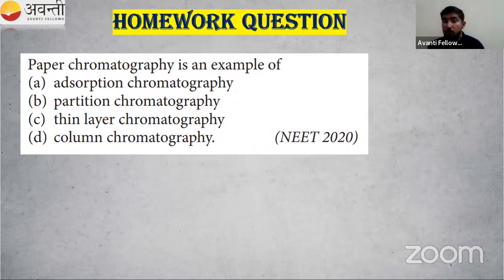Paper chromatography is an example for which type of chromatographic technique? Do you know the answer? Direct questions are asked from this portion. Yeah, JNV Rajkot students, you are doing a great job. Paper chromatography is an example for partition chromatography, while thin layer and column are adsorption. Great, we will keep it here.